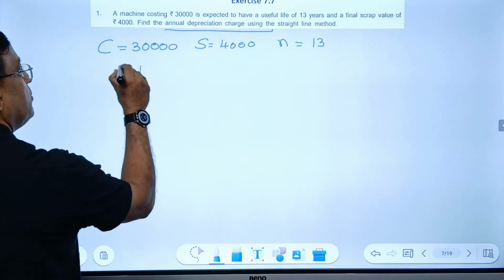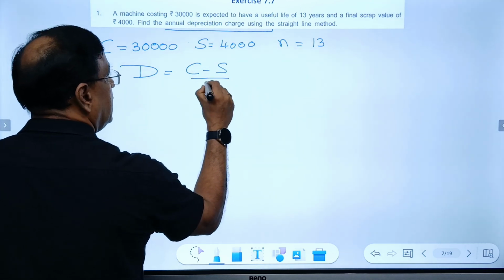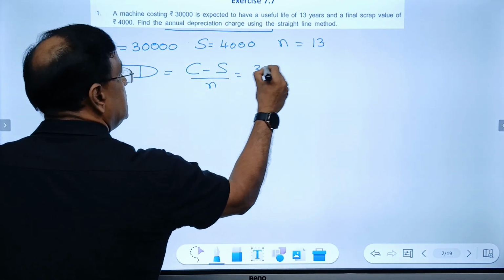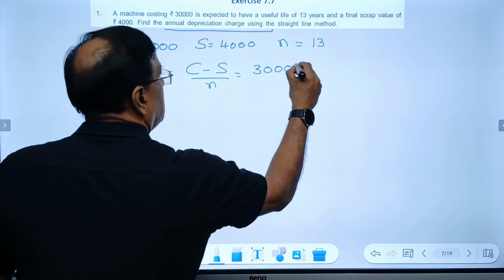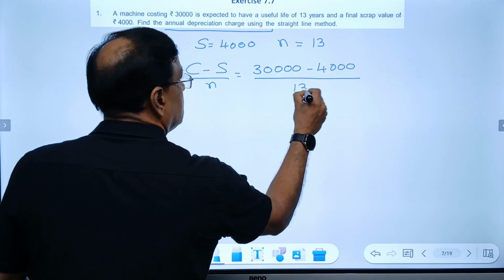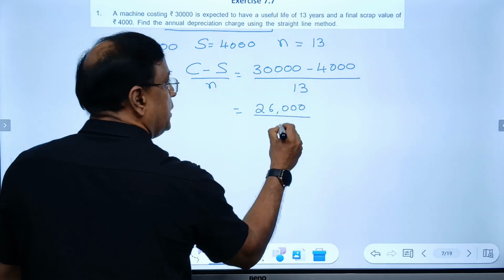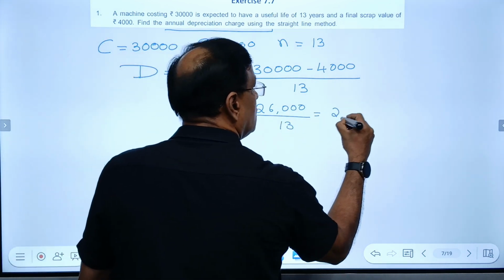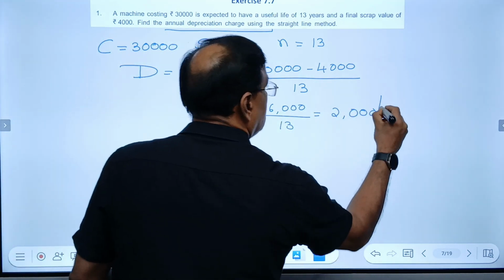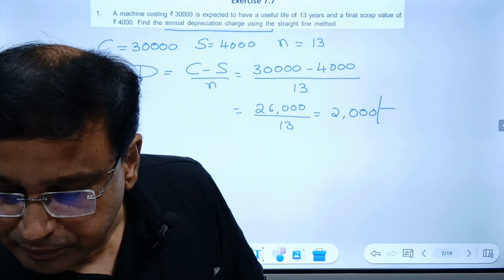Annual depreciation is C minus S by N. C is 30,000 minus 4,000 divided by 13. So this will be 26,000 divided by 13, which is 2,000.